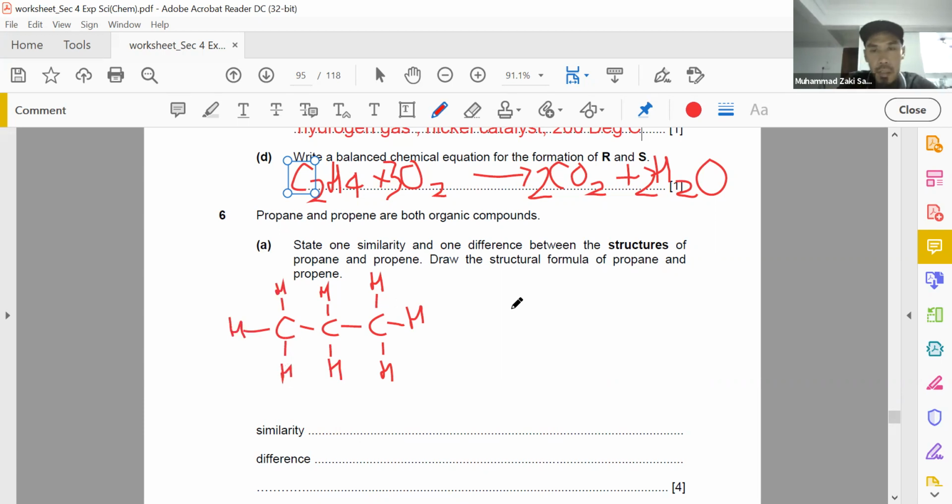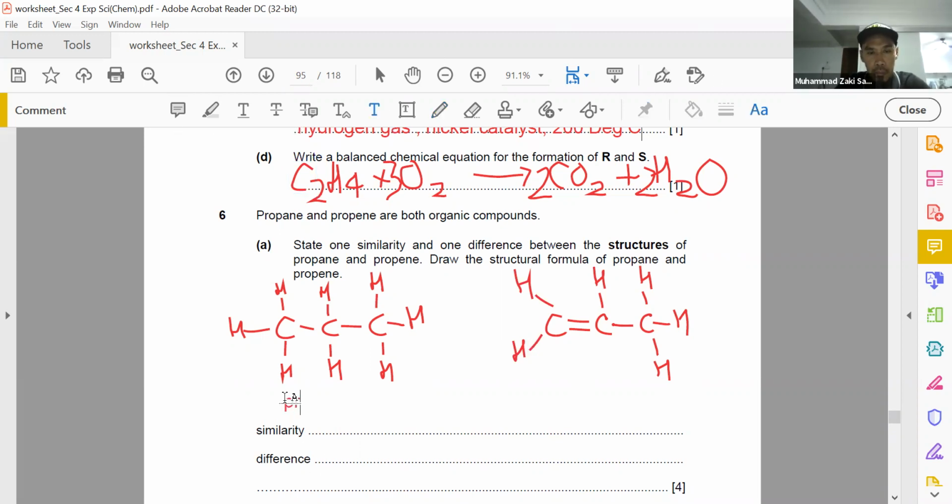And then the other one here is propene. Remember, draw the carbon double bond first. Right. So this one should be propane. One should be propene.